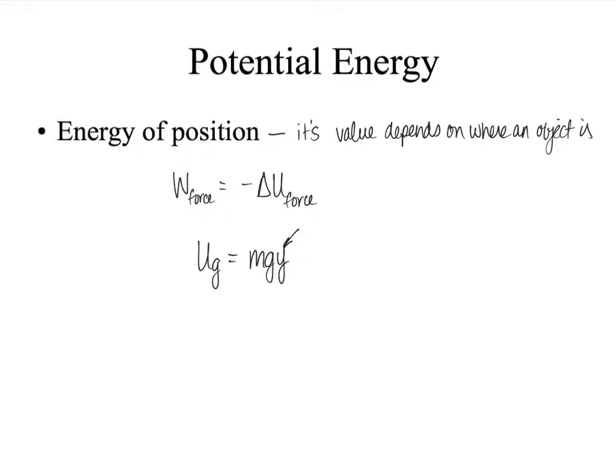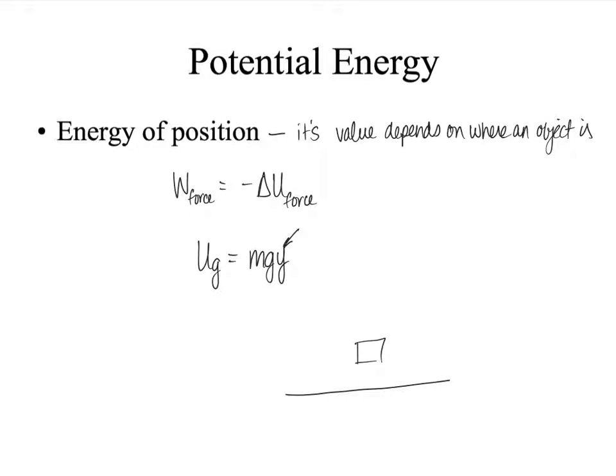It depends on the y position, which is how high it is above the ground. And now we can see that the potential energy of the object is higher at a higher location than at a lower location. The bigger y gets, the bigger the potential energy is.